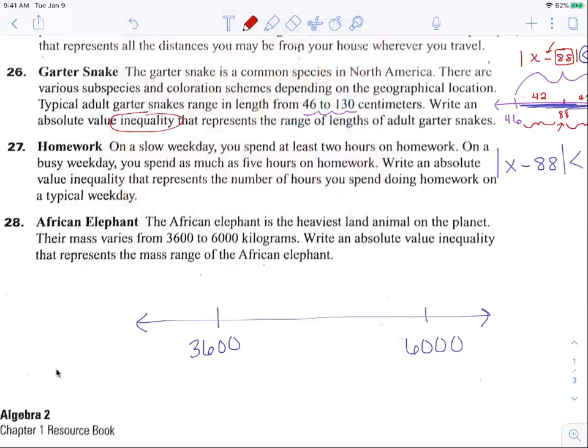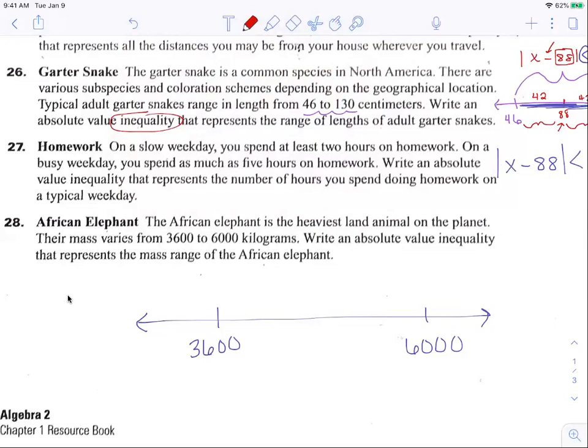Would somebody like to be a brave volunteer and work us through this problem? How about anybody want to start us with the first thing you're finding with the problem to write the equation?